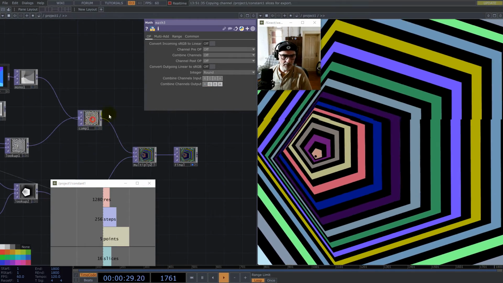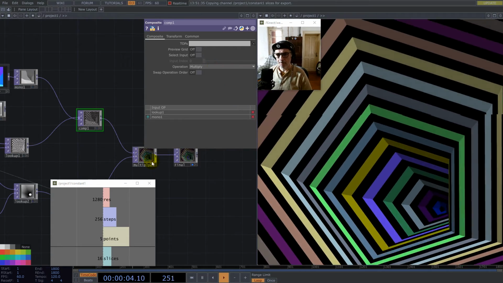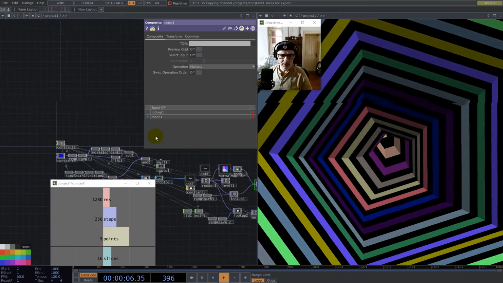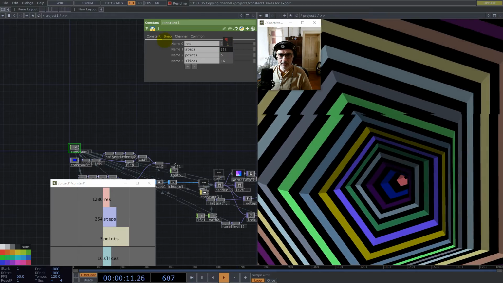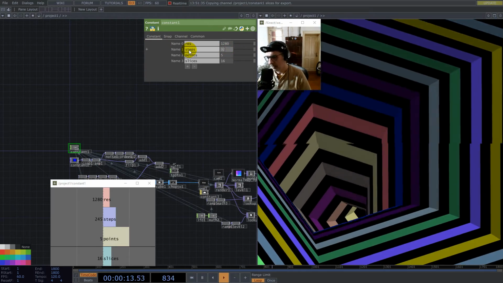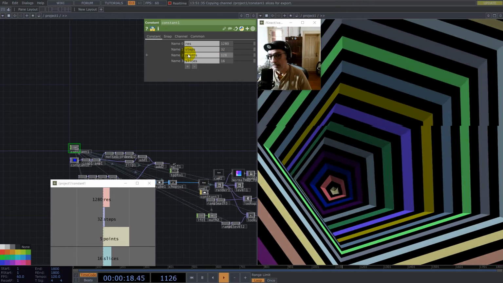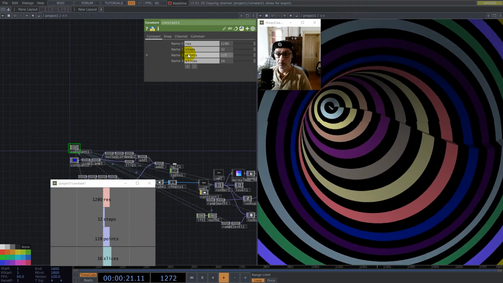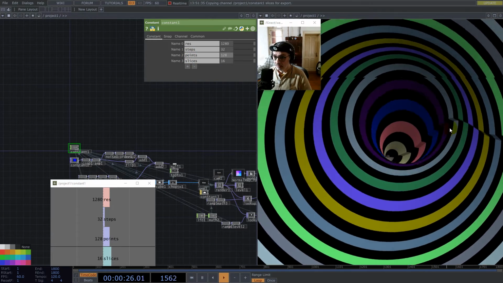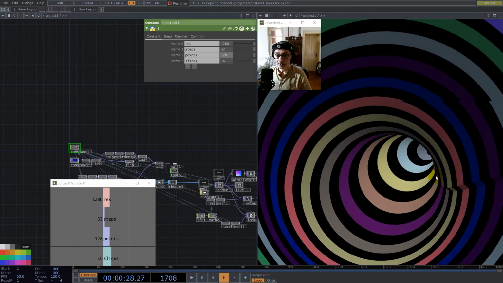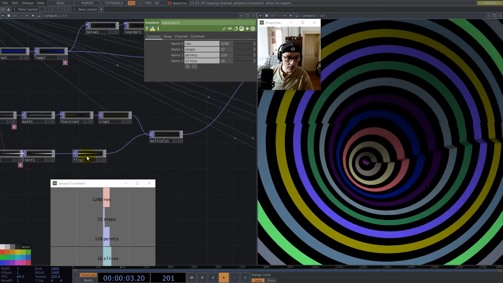Okay, now yeah, this is how you build this tunnel, and yeah, let's go with steps maybe 32, because I want to check something. If the points are way more, okay, you have a circle, and there's a little edge on this, and yeah, I would like to solve this.